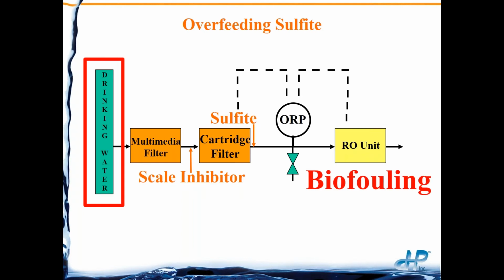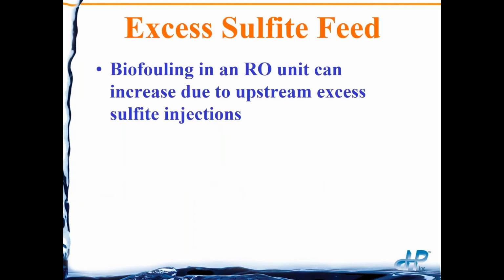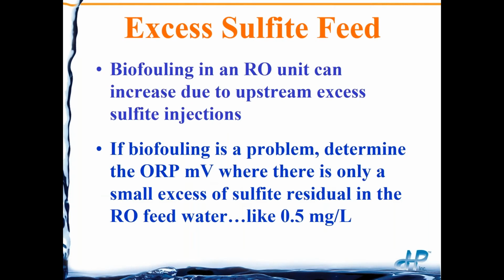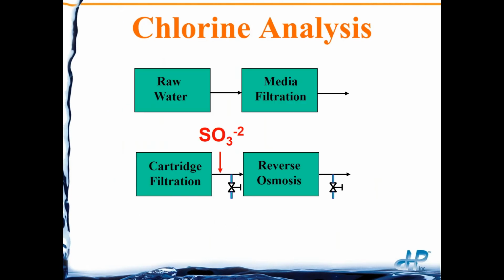Well, if you overfeed sulfite, you can end up with increased biofouling in the RO unit. So we would really like to minimize the amount of sulfite that's injected. If you can get an excess of maybe just 0.5 milligram per liter, no more than 1 milligram per liter, then that's probably going to minimize the biofouling in the RO unit.